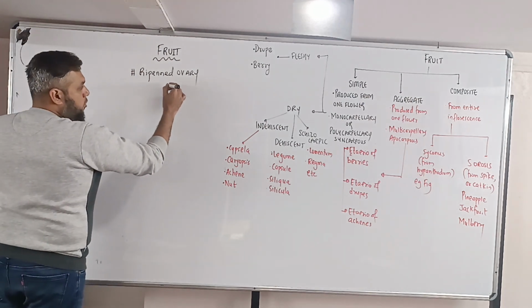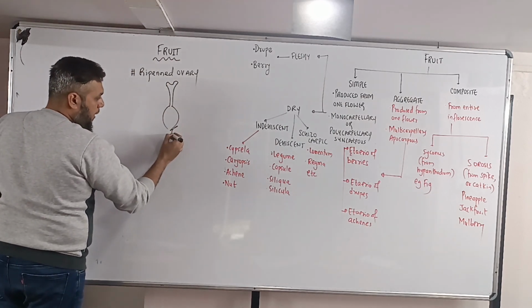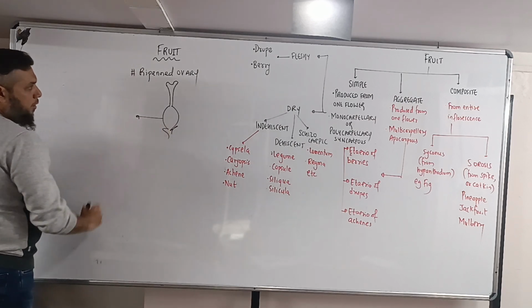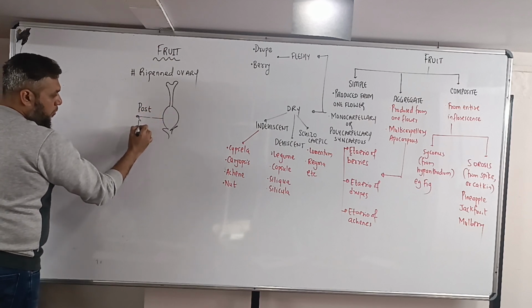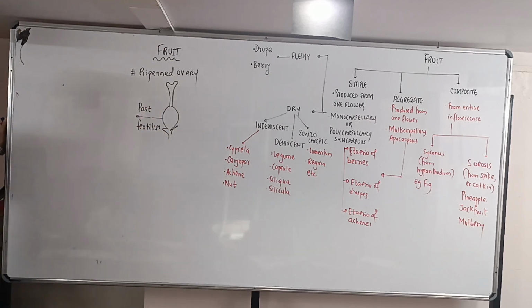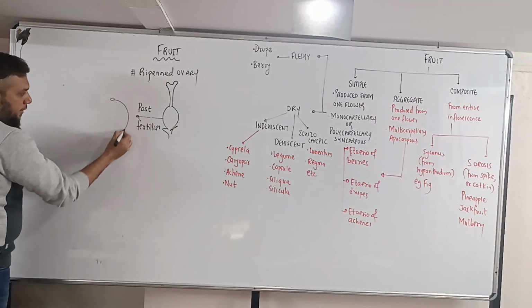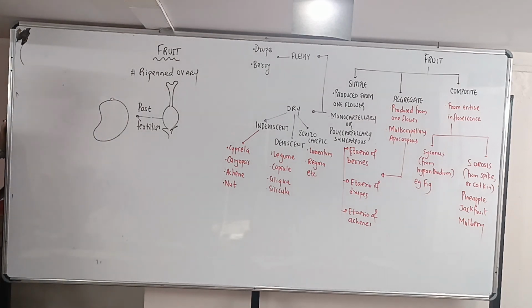For that, let us once again see that there is a stigma, style, and there is an ovary. This ovary, post-fertilization, matlab after fertilization, we say that the ovary has become ripe, it has developed, and that development is the formation of a fruit.